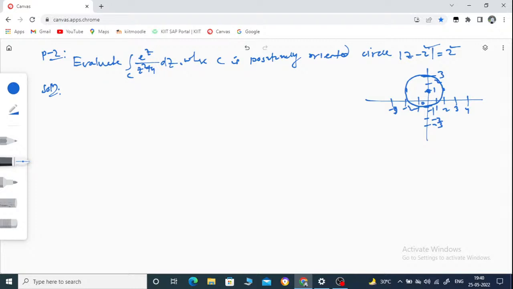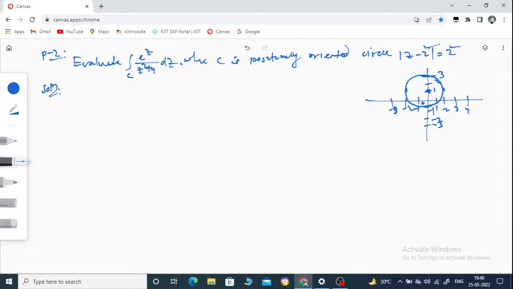Here you can say your f of z is e to the power z over z square plus 4. So after leaving this f of z, what is there? This is z square plus 4. So I can write z square plus 4 as (z plus 2i)(z minus 2i).